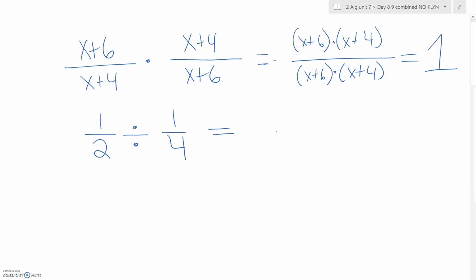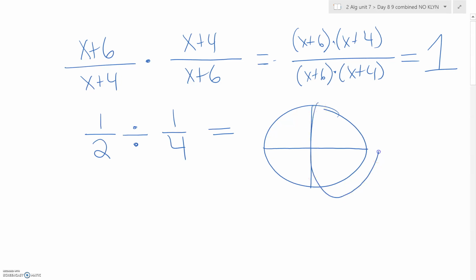Well, let's go back to looking at the whole. Here I've divided it into half. How many 1/4 could fit in there? Well, if I divide the whole piece into fourths, how many fourths are in that 1/2? Well, it's 2, right? And so that's 1/2 divided by 1/4.